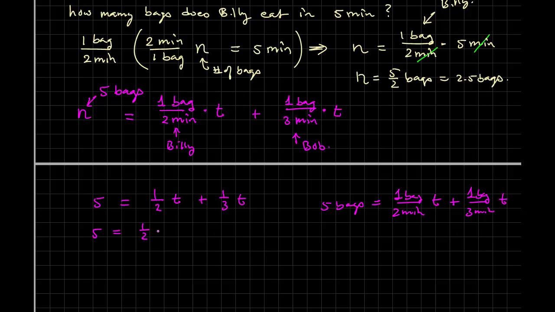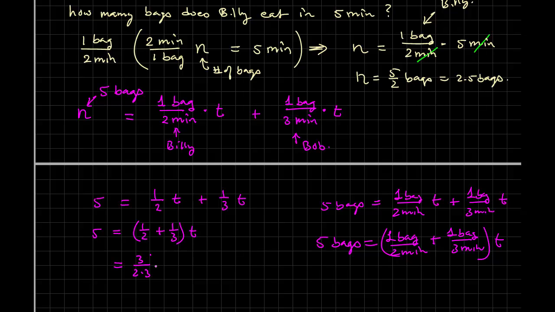You see the t is in common, so I can pull the t out like that, right? Here I'd have 5 bags is equal to 1 bag over 2 minutes plus 1 bag over 3 minutes, all of that times t. On this side, I have to put this on a common denominator, right? So this would be equal to 3 over 2 times 3 plus 2 over 3 times 2, all of that times t.